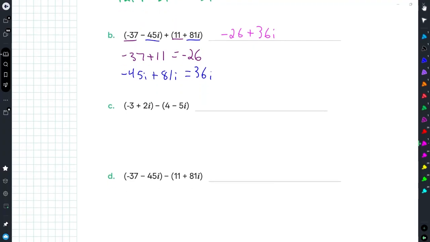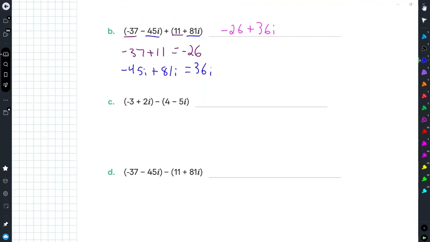Now, when you are subtracting, you need to be careful because this subtraction gets distributed to both things. So you can think of this as negative 3 plus 2i minus 4 plus 5i. And then combine your like terms.